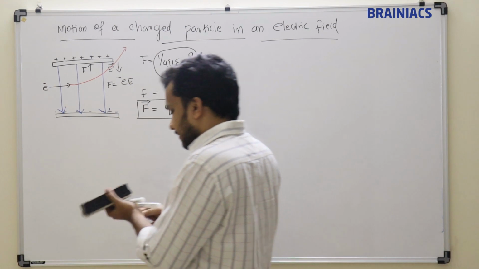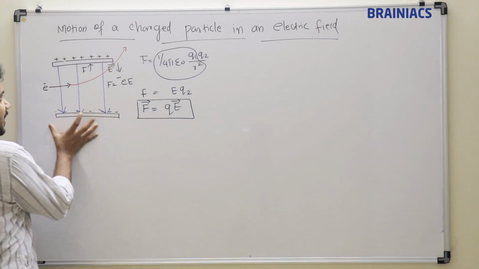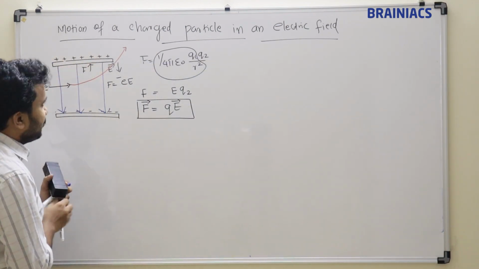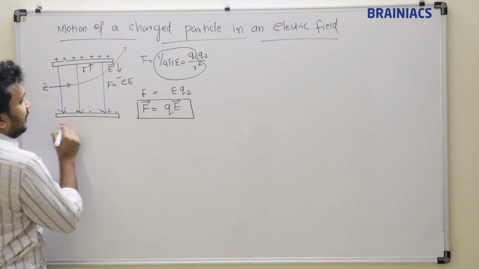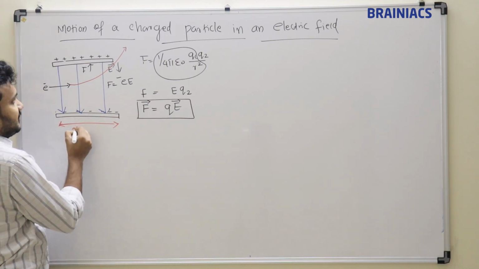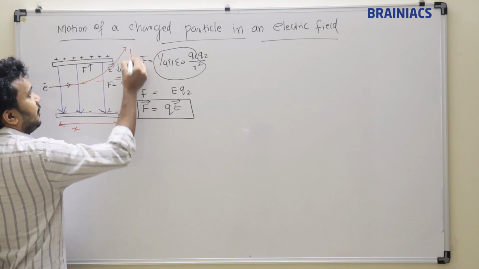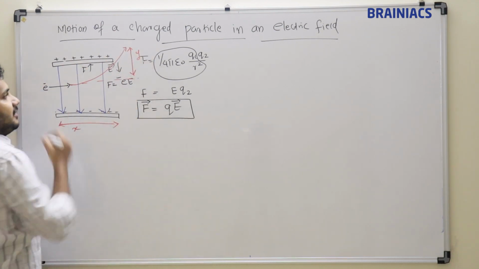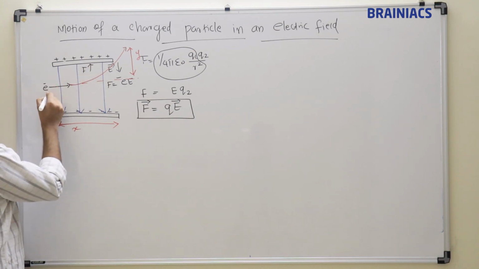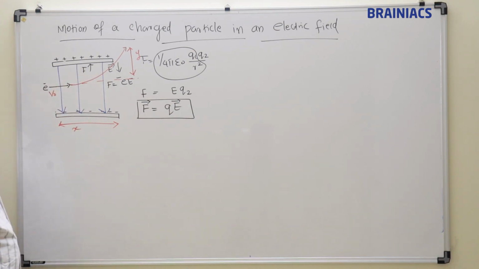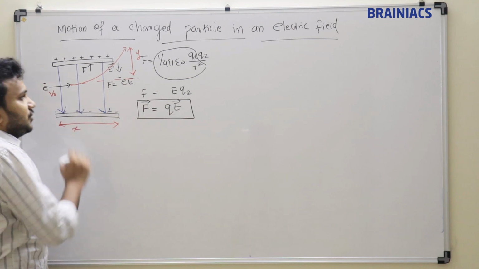Now we will consider the length of this plate, the positive and negative plates, which is marked here, to be an x meter distance. From its original position, this electron is shifted y meters away, and I am placing the initial velocity as V0.